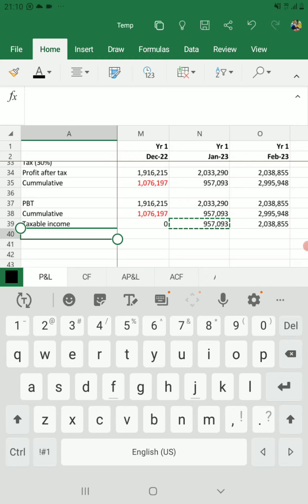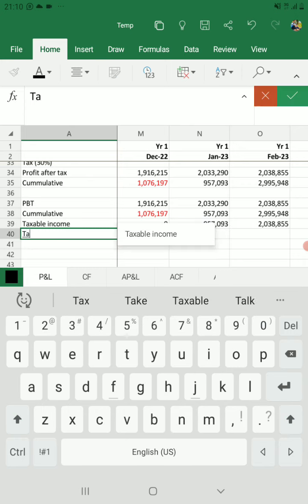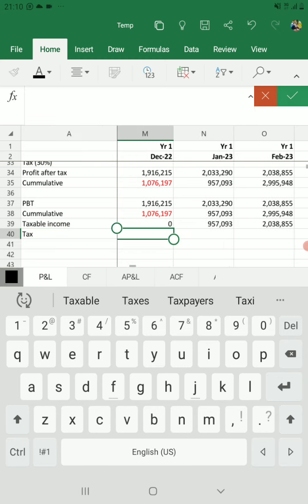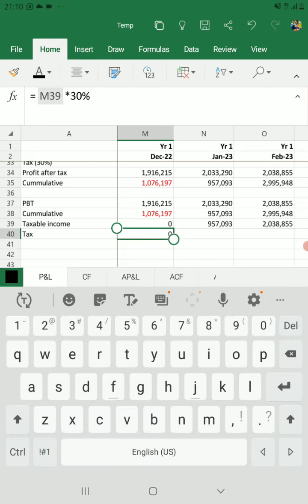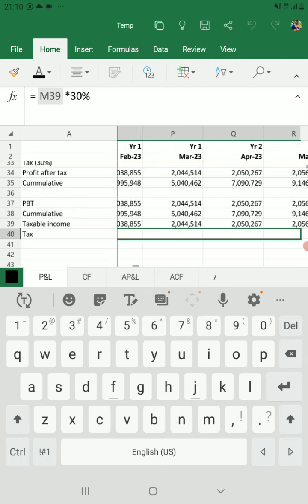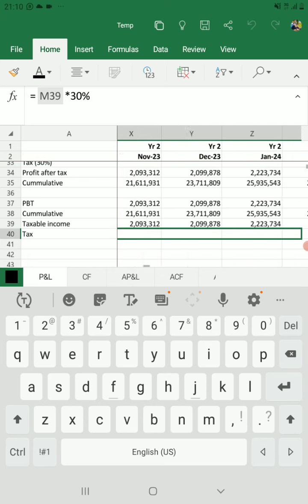So after establishing your taxable income, you now compute the tax, which is simply taxable income multiplied by tax rate, and our tax rate is 30%, corporate tax rate. So I tap to fill this throughout our projection period, because it is true.